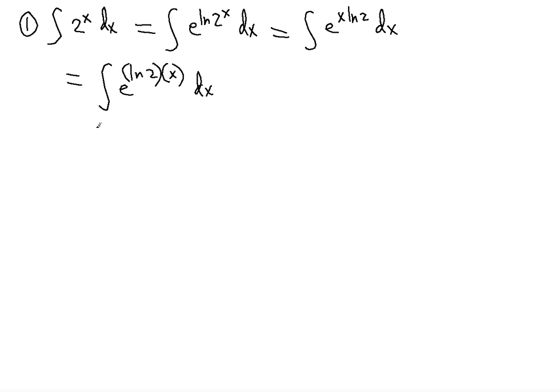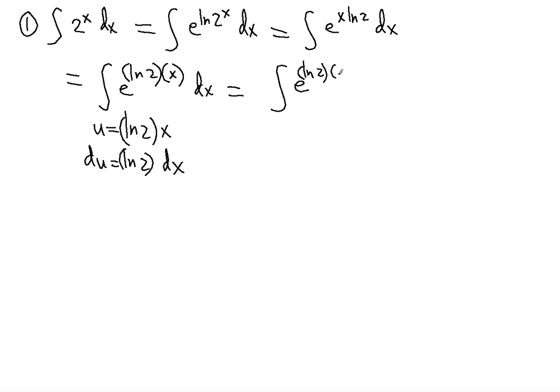So now if you use the u substitution, you will be having u equal to ln 2 times x. So the du will be simply ln 2 dx. Okay? So we can write this as e to the ln 2 times x, and let's write the du in here.